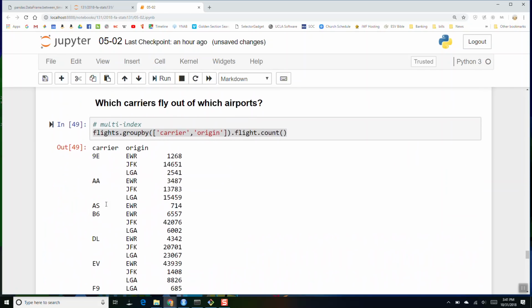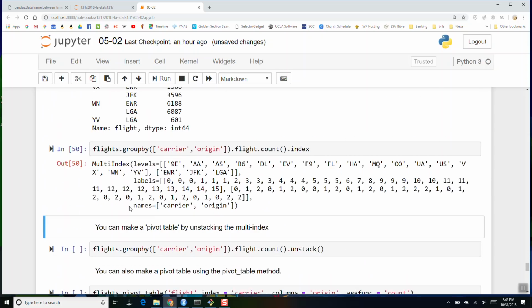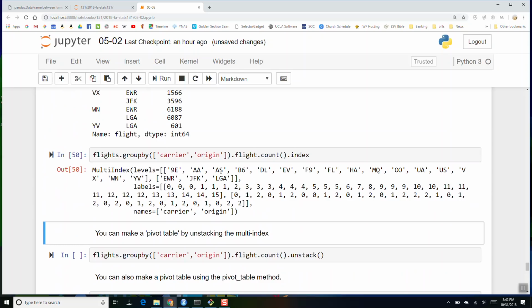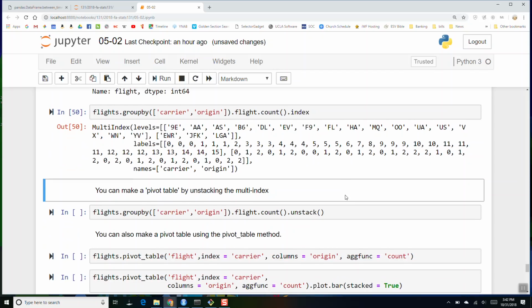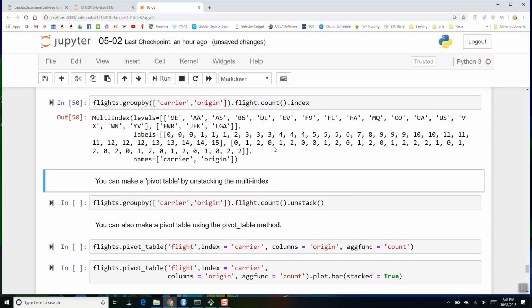And so for example, AS only flies out of Newark. I don't know what AS is, Alaskan or something. So index 2 being AS only shows up once here.